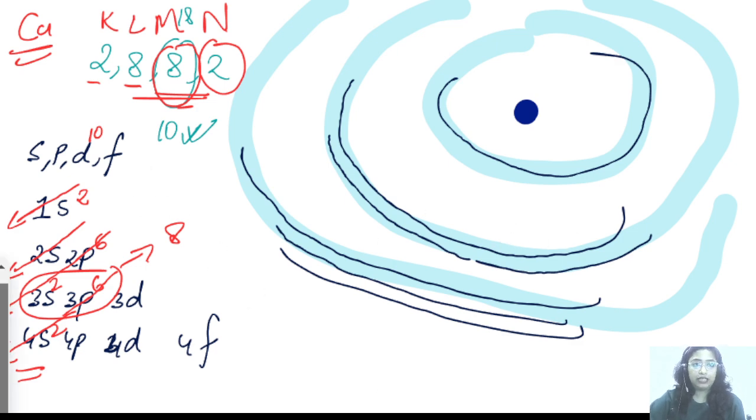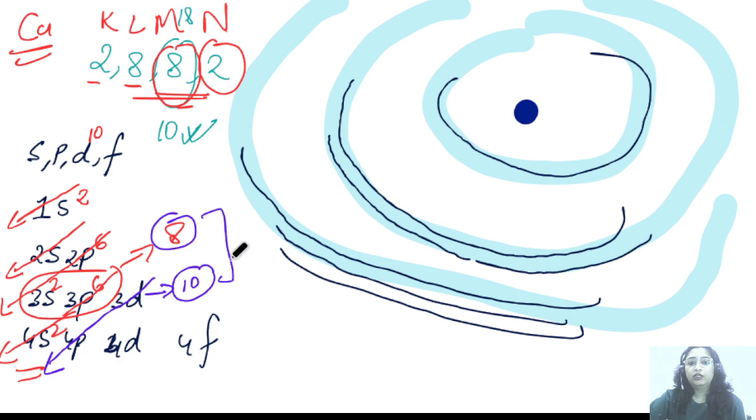Let me elaborate: s and p total 8, and d has 10 electrons. So after 4s2 there will be 3d, and the total comes to 18 only, right?